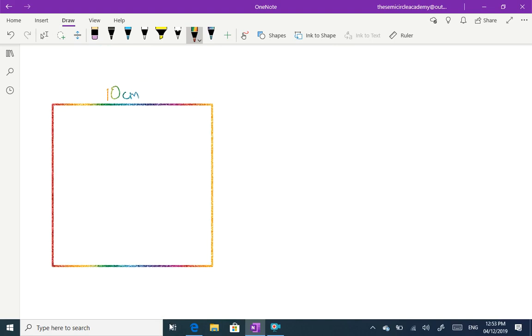Then you are supposed to know that, hey, this side is also 10, this side is also 10, this side is also 10. So essentially now the perimeter of this square is going to be equal to the distance around the square. So that is the 10 centimeters plus the other side 10 plus the other side 10 plus the other side 10, which will be 40 centimeters.